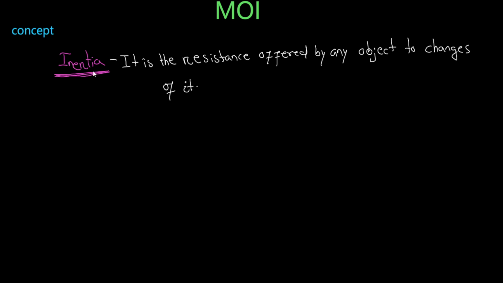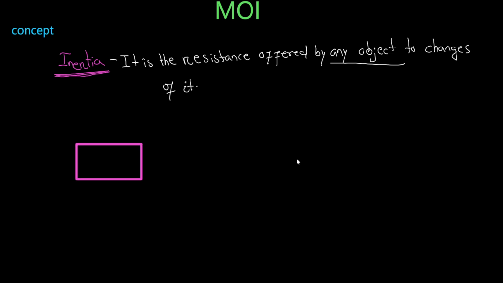What is inertia? It is the resistance offered by any object. It will be offered by the object itself. The object will try to resist any changes. Whatever changes we try by applying some external cause, the object itself will try to resist changes in the object body.